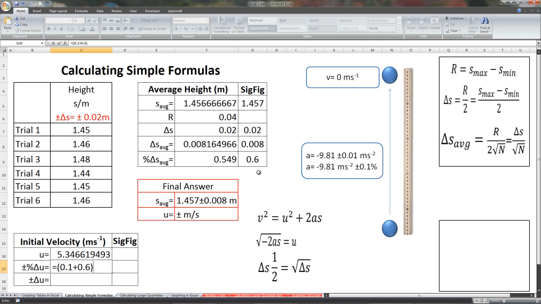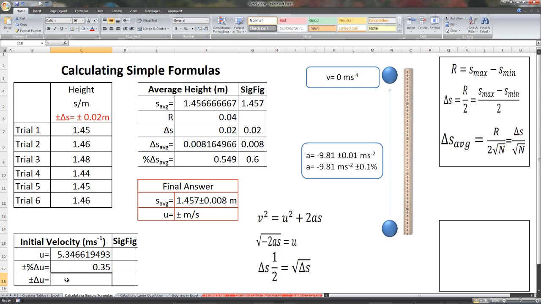And then because it's a square root, I need to multiply that by 1/2. So times 0.5. And so that gives me my relative uncertainty of the velocity as 0.35%.